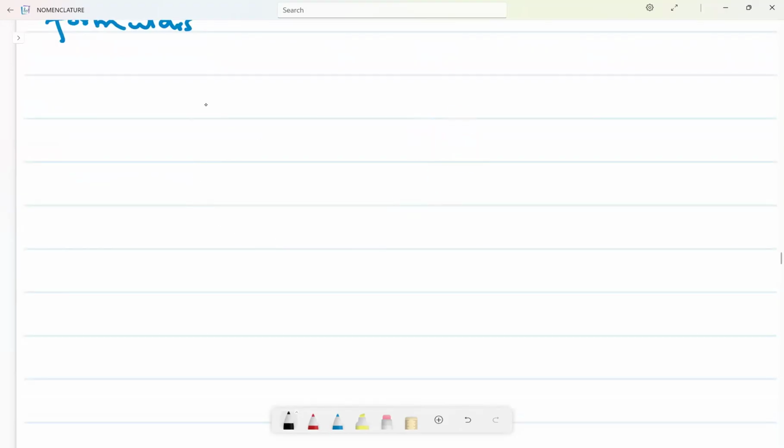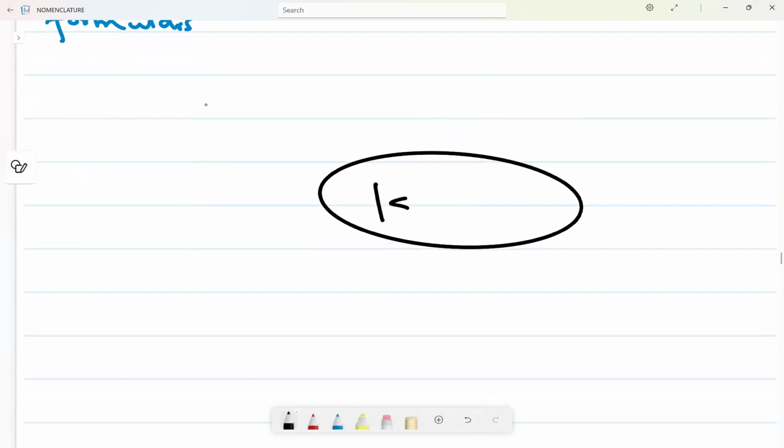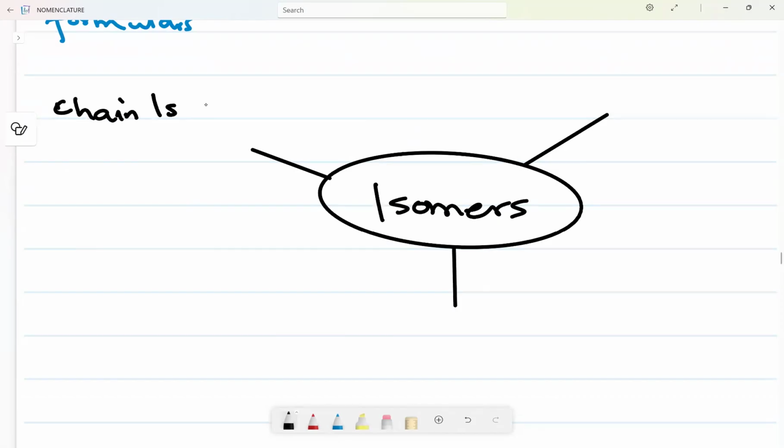If I'm having my isomers like that, what kind of isomers do I have? The first one is chain isomer. The second one is positional isomer.